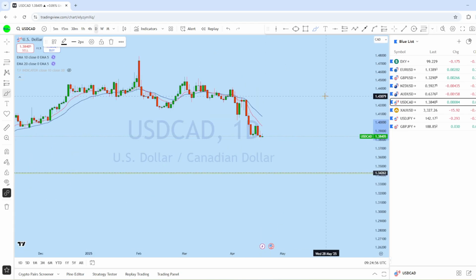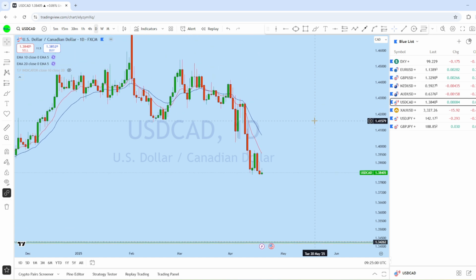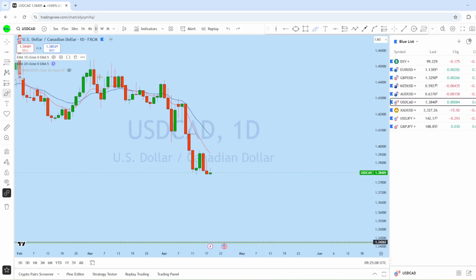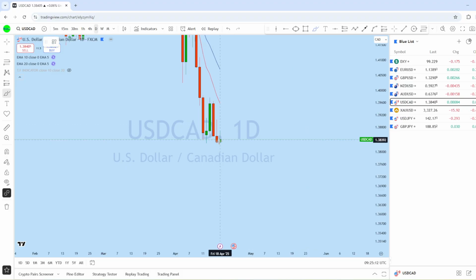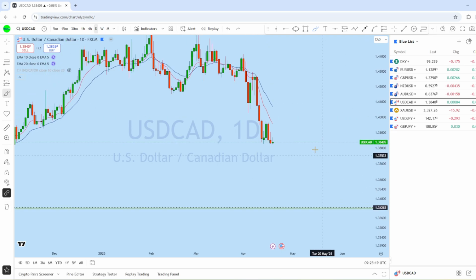Now looking at the daily chart on dollar CAD, the market trend is down. We have seen multiple liquidity grabs and the market drops from those liquidity grabs. With that being said, we expect dollar CAD to potentially return for a pullback and then continue in the major direction of the trend.